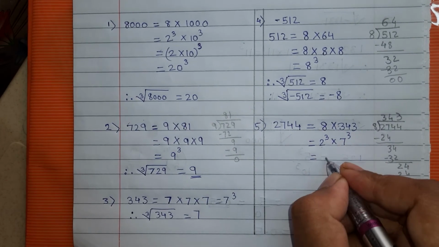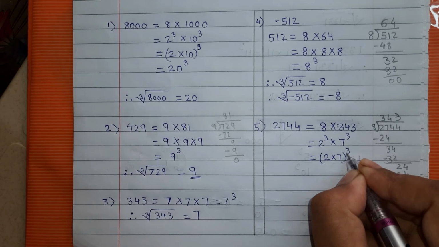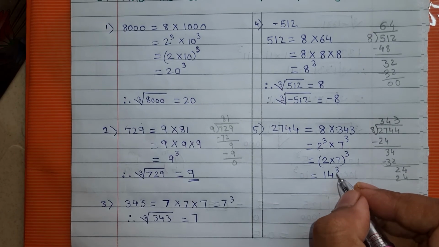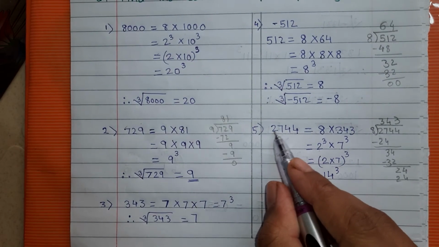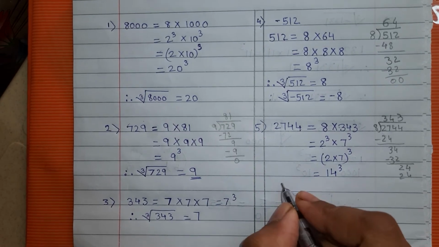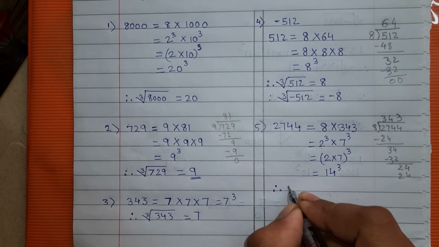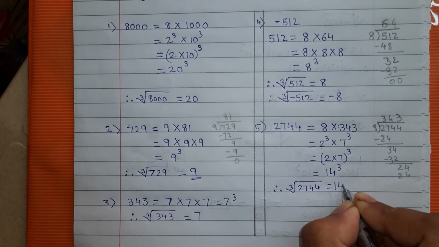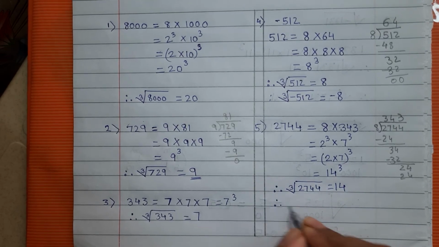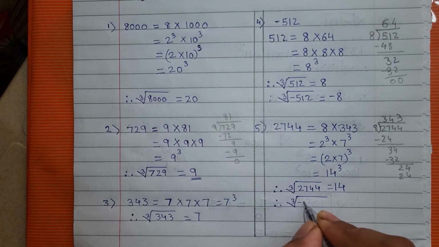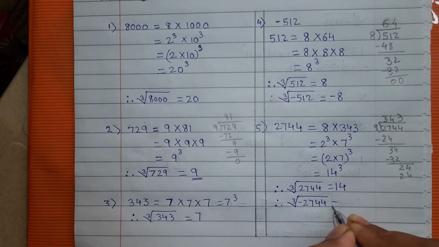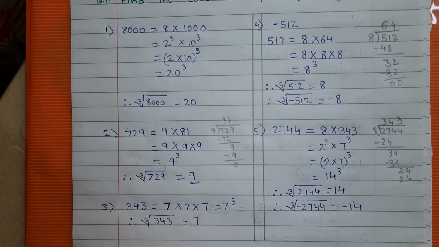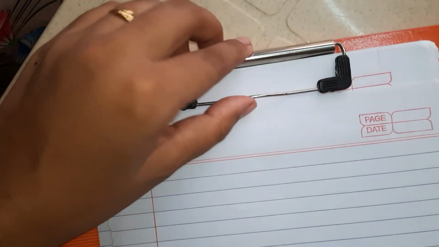Now combine this: 2 into 7 raised to the power 3. 2 7s are 14 raised to the power 3. Means what? 2744 is the cube of 14. Therefore, cube root of 2744 is 14. But we want to find the cube root of negative 2744. So give a negative sign on both the sides. Now the last one, sixth one.